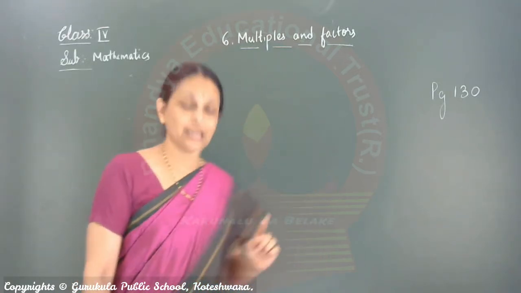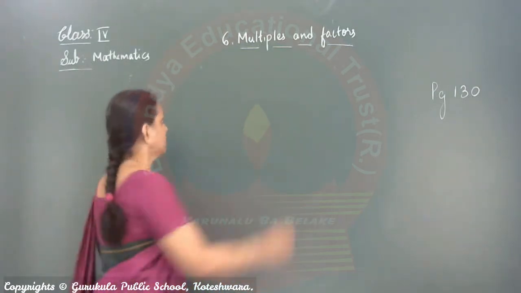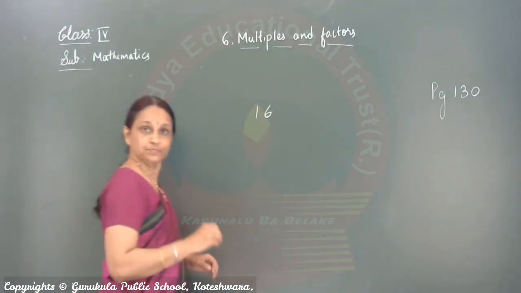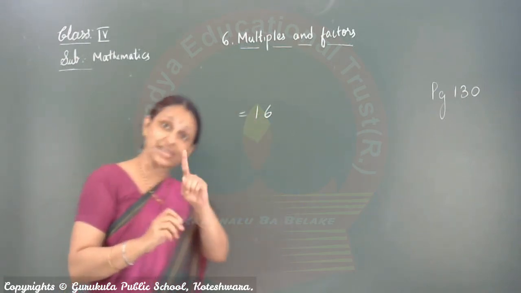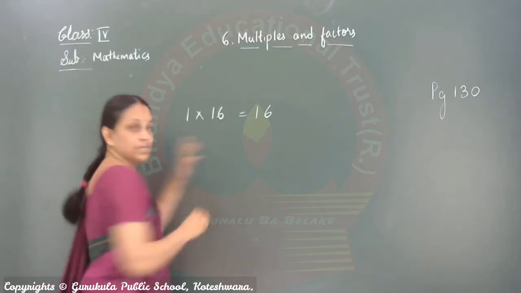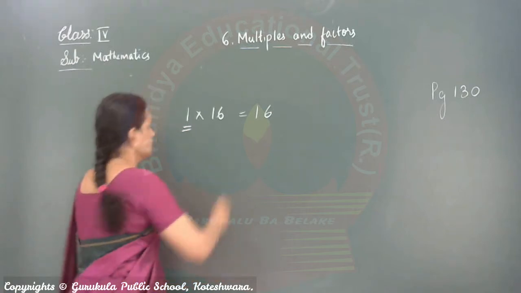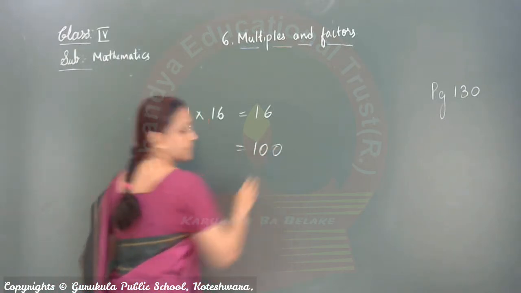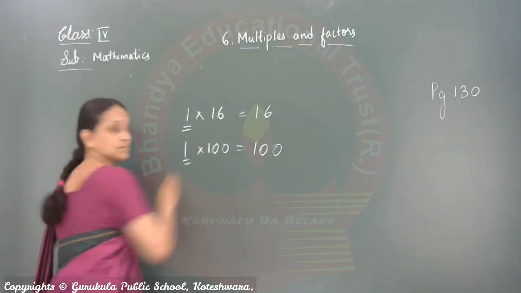Now they are telling 1 is a factor of every number. For example, you take 16. Will you get 1 as a factor of 16? Yes. Suppose 100. Will you get 1 as a factor of 100? Yes.